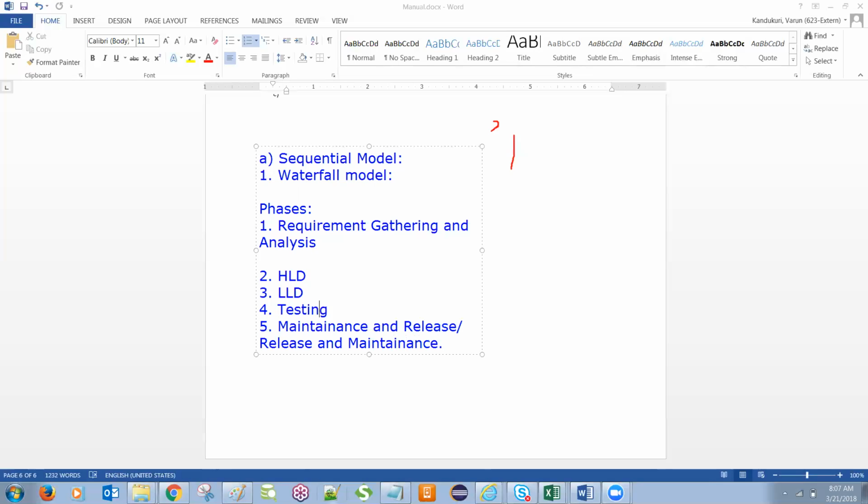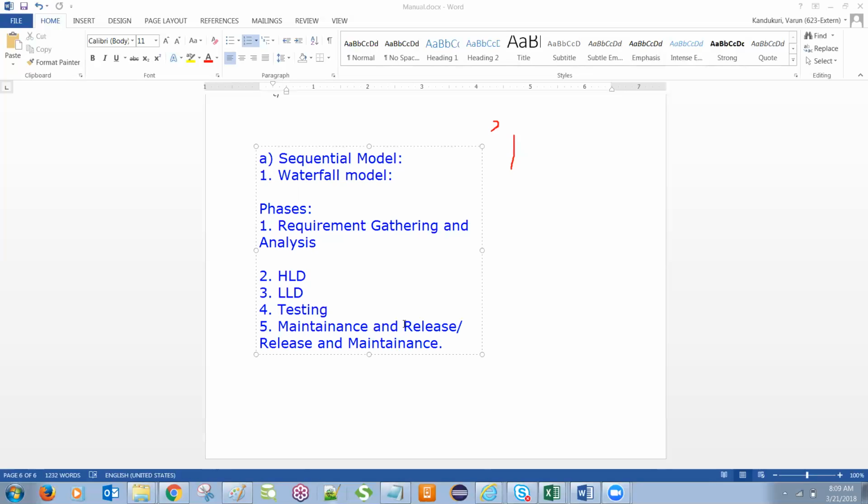Release is the main thing. Maintenance depends on the requirement. If the customer feels they need our support for a few years, they will request it, and based on their request we will maintain that project for that many years. If the customer doesn't request it, we won't go to maintenance.